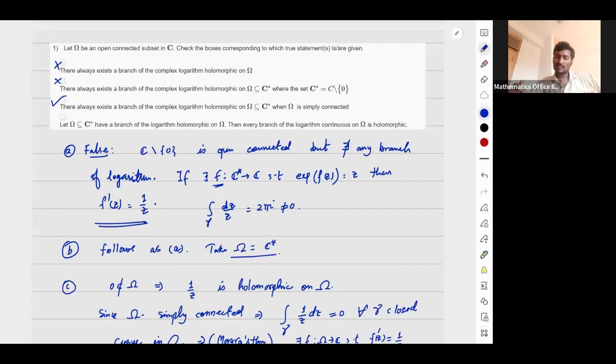Now, what about part D? Let omega be a subset of C star, which means 0 does not belong to omega, and omega has a branch of logarithm. So a branch of logarithm is defined on omega. Then every branch of logarithm continuous on omega is holomorphic.